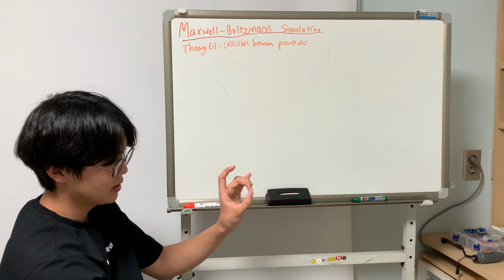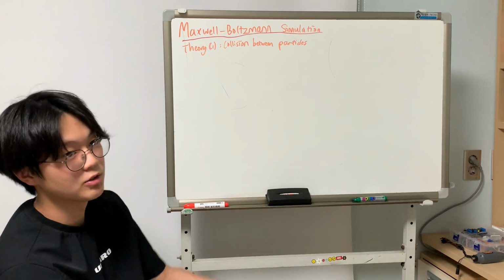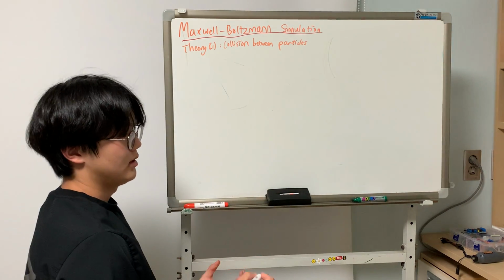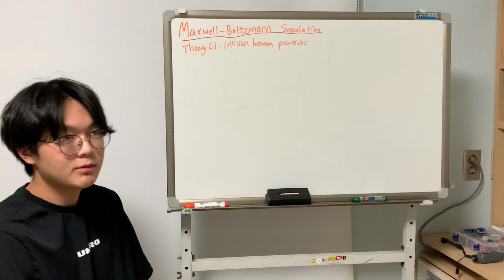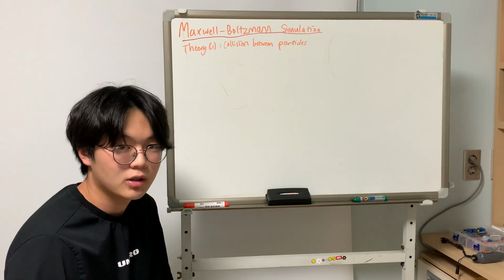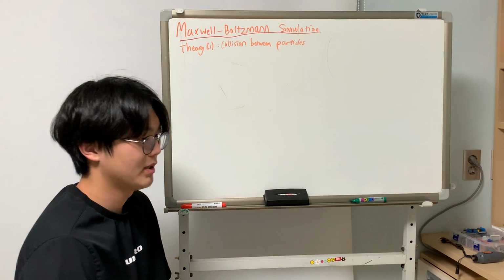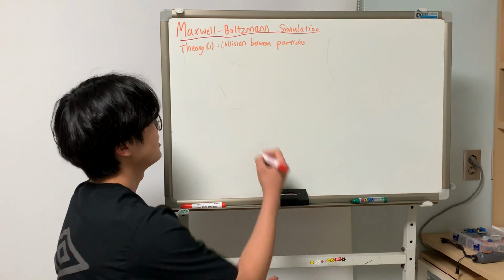So two particles get close, repel, and bounce off. That's the essence of what happens, but when it comes down to calculations, it's more complicated than it sounds. So that's what I'm going to do today.